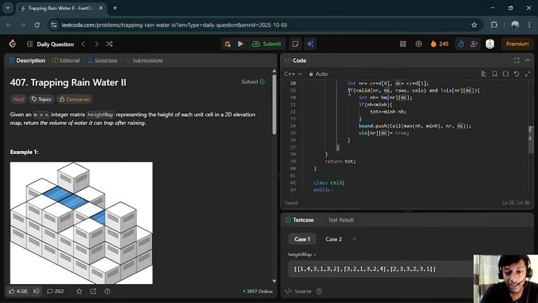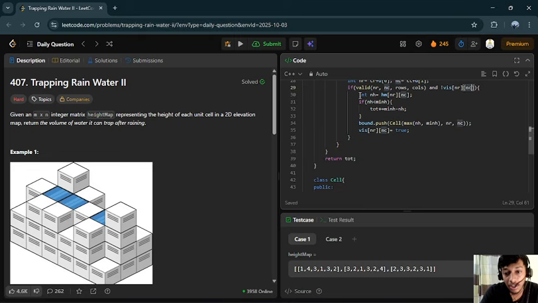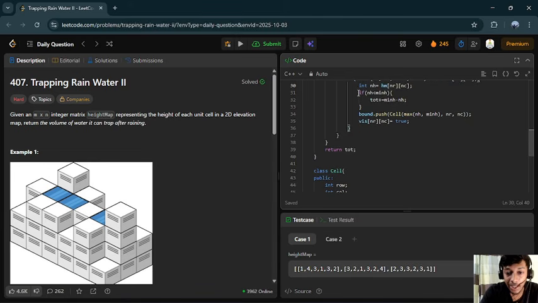And if it is in bounds, not going out of bounds, and it is not visited, we take the neighboring height, the height of the neighboring cell. If the neighboring height is less than the minimum height, then we add water in that cell.